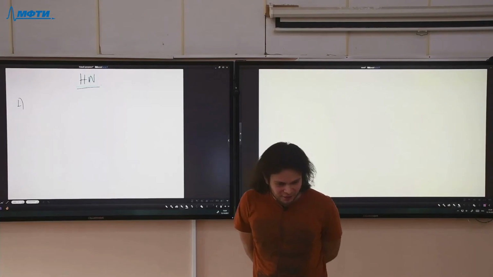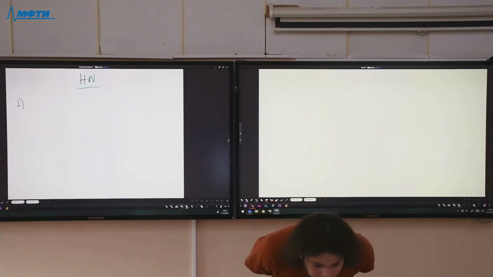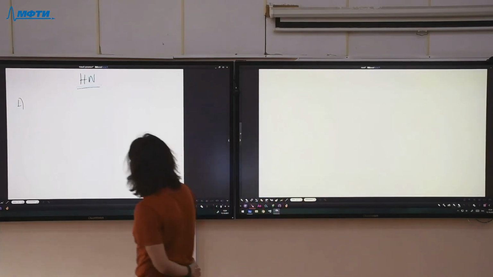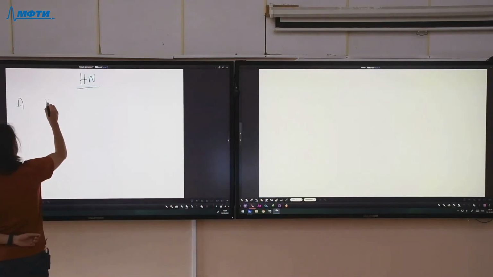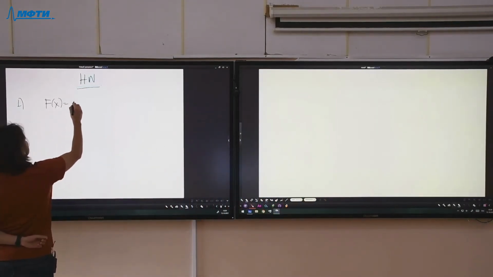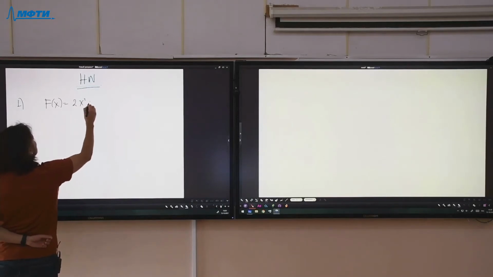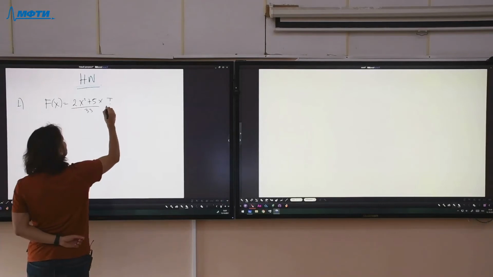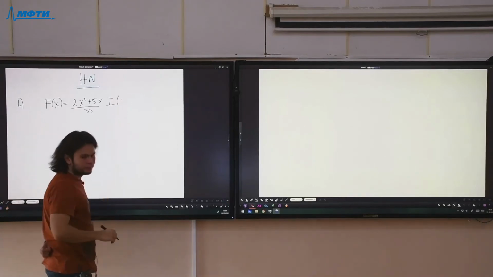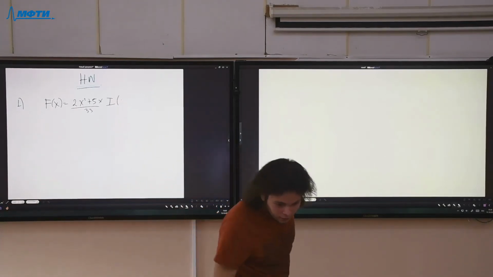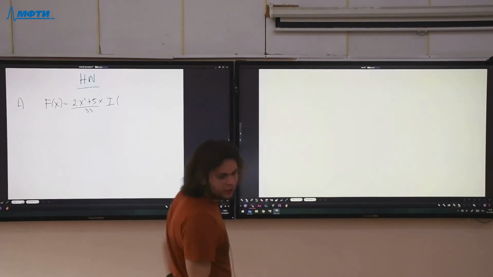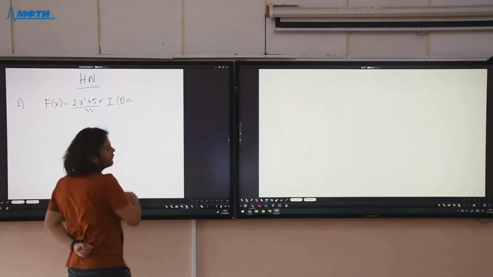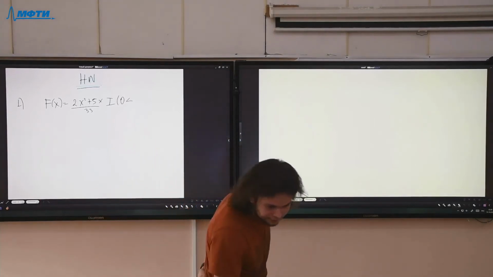So the CDF is 2x squared plus 5x, on 0 and 3, right?